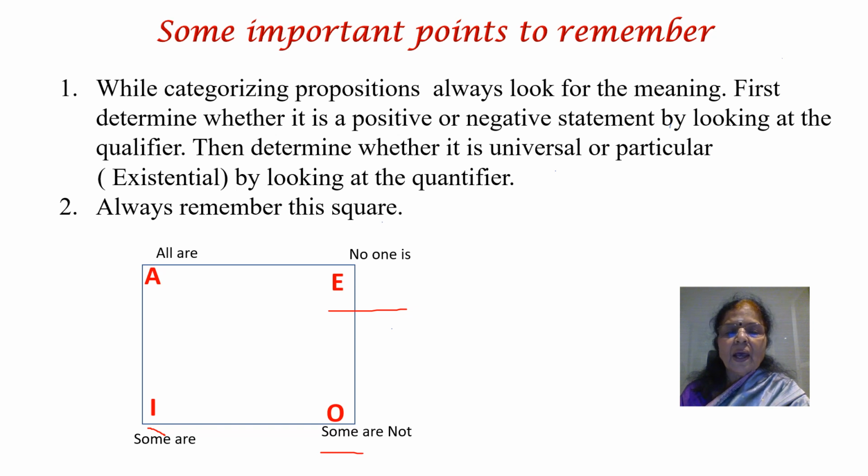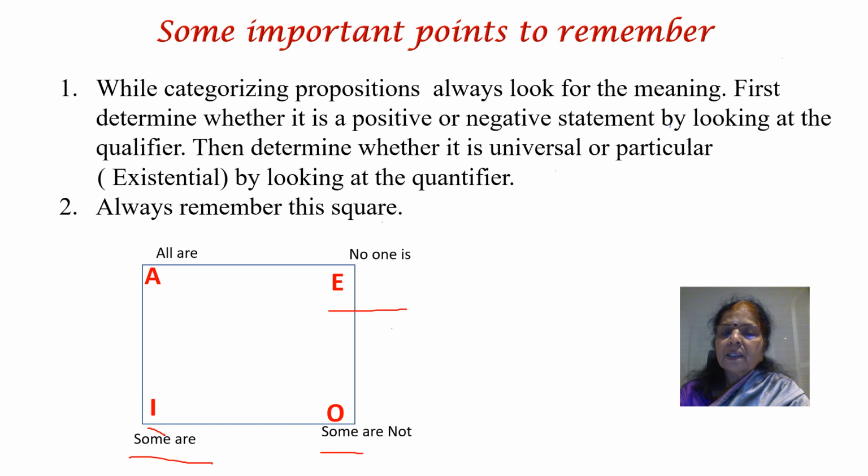For example, for the particular positive I type, you have these quantifiers: some, certain, a few, almost all. See, only one is exceptional, but almost all does not mean universal A, it means only some are.